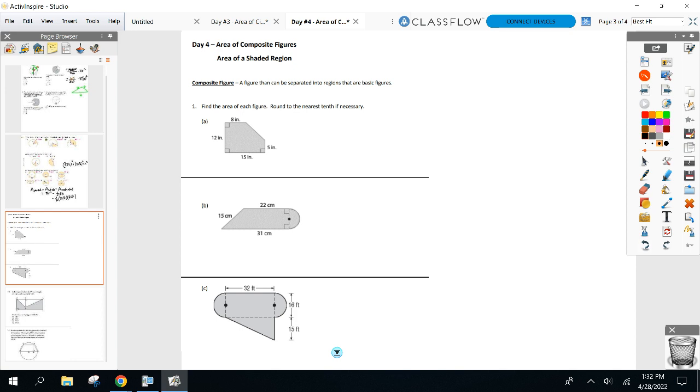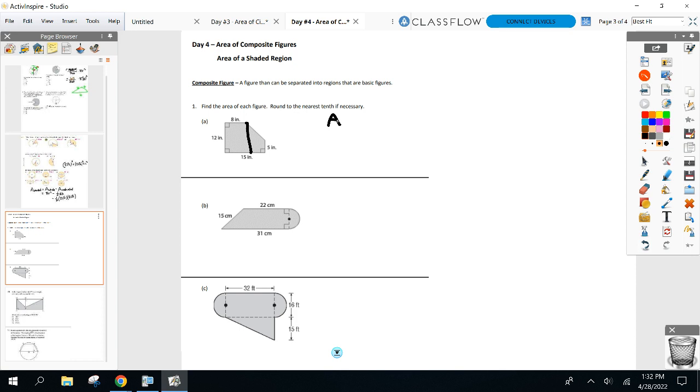Did anybody want to do this instead? Yeah, you can do that. Now you got a rectangle on the bottom, trapezoid on top. Or maybe some of you get nervous here and draw in another line. And now you got a rectangle, rectangle, triangle. You can do that too. All right, I'll go with Tammy's first advice, which is let's draw this in.